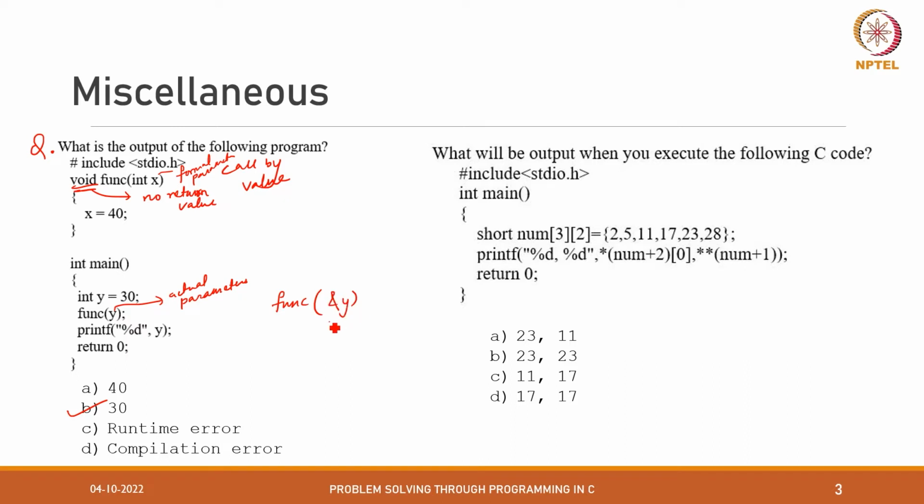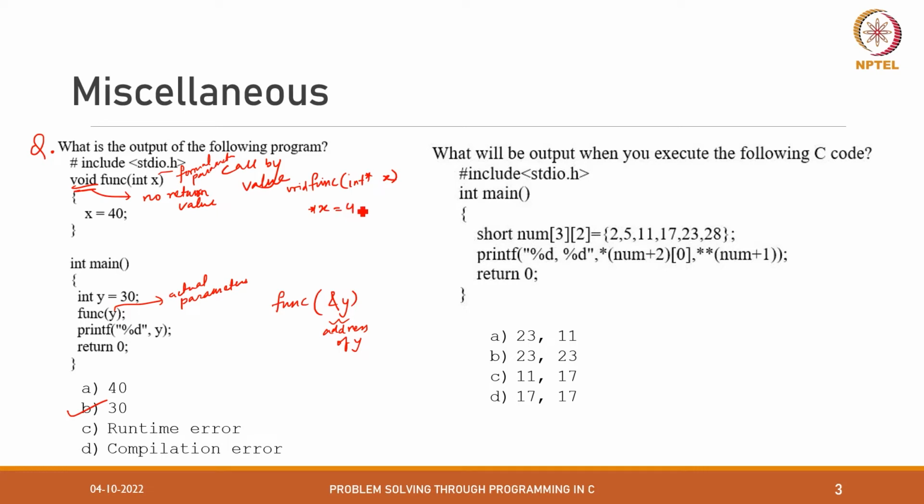This is the address, we are passing the address of y here, address of variable y, and here similarly it would have been, say, int star x. So that means this function takes an integer pointer as input. It is still of void type.